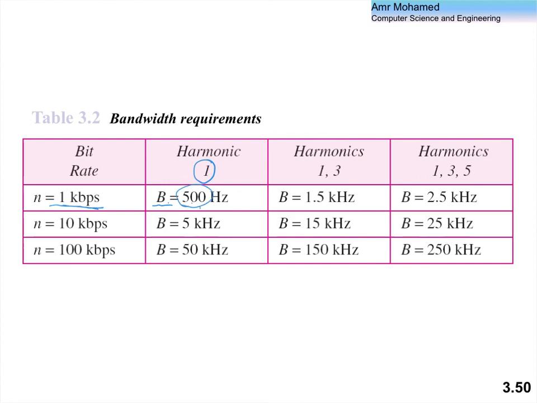So if you have 1 kilobits per second, the bandwidth is 500 hertz. Or if you have two harmonics, the 1st and 3rd, then it's 3 times the bandwidth, so it's 1.5 kilohertz, or 5 times the bandwidth, which is 2.5 kilohertz. So from 1 harmonic to 2 harmonics to 3 harmonics, I'm going through a more accurate representation.